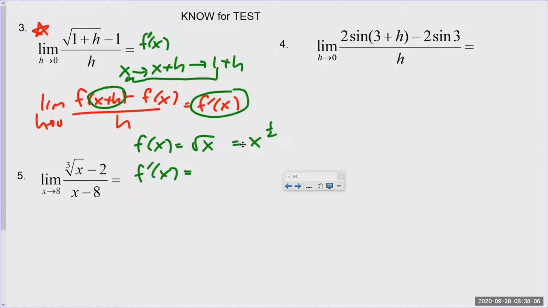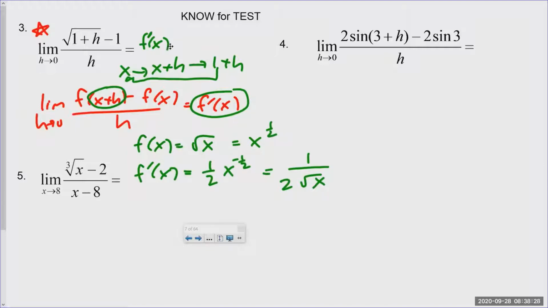You can't do it without rewriting. And then you take the derivative, which is 1/2 x to the negative 1/2, okay? And that's really 1 over 2, and make sure you understand this. You take the x to the 1/2 in the denominator. The x to the 1/2 is really square root of x. Agree with that?